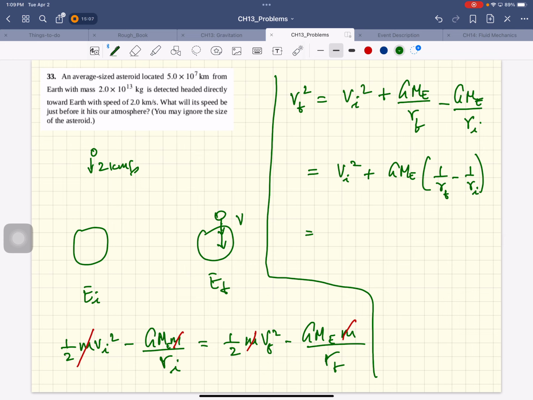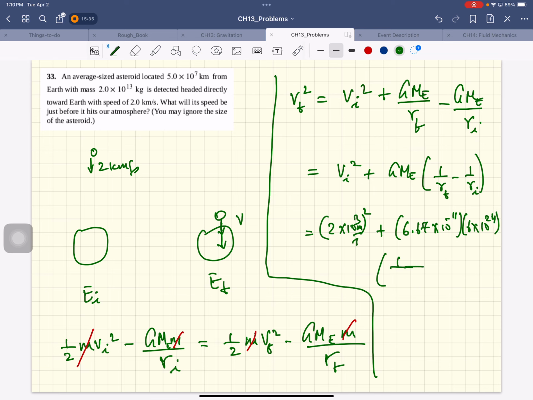Okay, so this is 2 kilometers squared, which is 2 times 10 to the power 3, squared, plus G, which is 6.67 times 10 to the minus 11, and I'm not going to write units, times 10 to the 24.